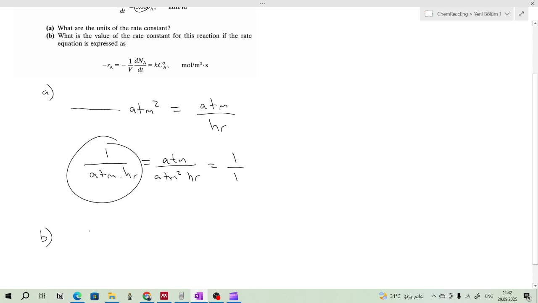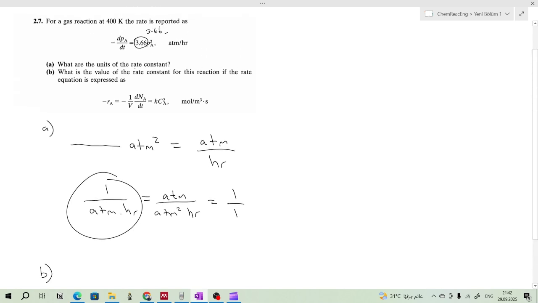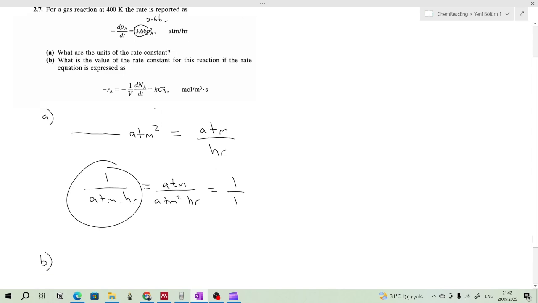For part B, we need to convert the units and find the unit of this K. Let's understand this. N_A over V is just the concentration. So the concentration rate is equal to k C_A squared.